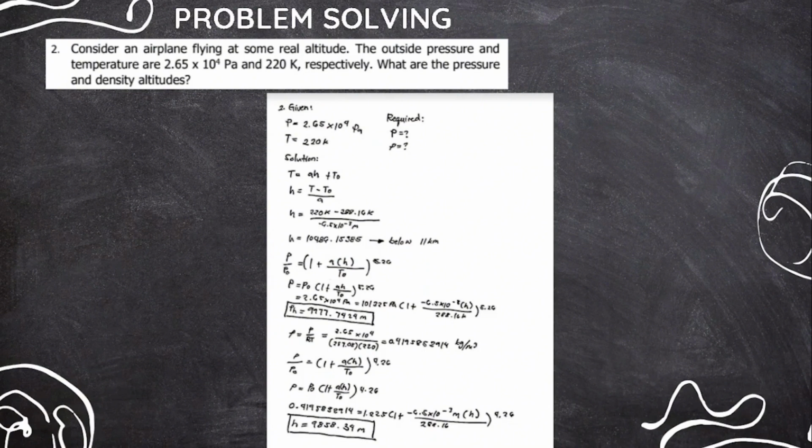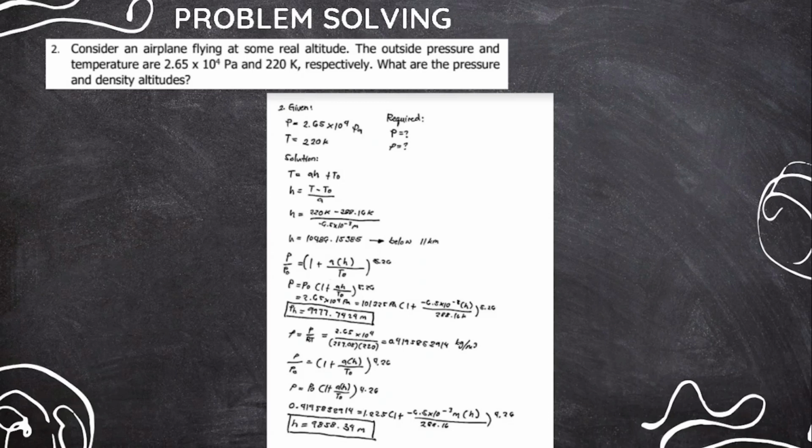So we have an answer of 0.41958522914 kilogram per cubic meter. But it is not yet the answer.